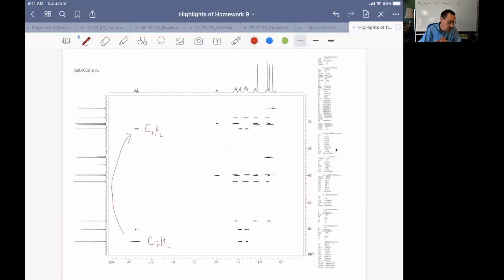If you look at a shorter mixing time, I think I give you 5 and 10 as well, you'll see that at this point, C3 is just starting to come up, and you'll be able to walk your way through this spin system. Whoops, that's C3H.